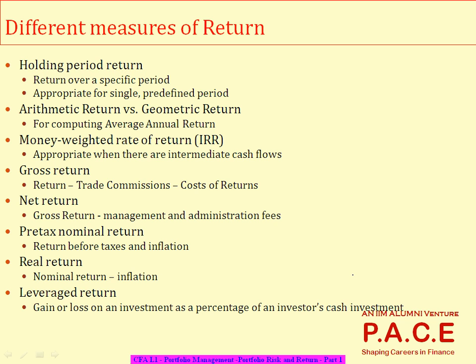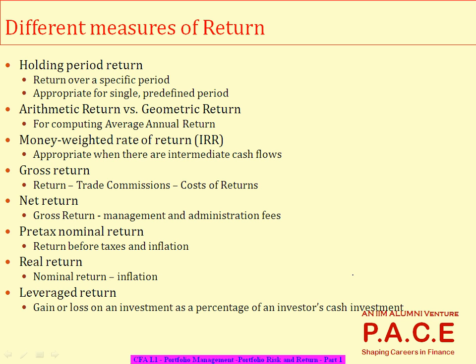Right. So net return will always be lesser than gross return by the extent of management and administration fees. So typically annual management charge, if it is 2% or something, so my gross return, if it is 11%, my net return will be only 9%. Right. And whereas the original return is the increase in NAV.